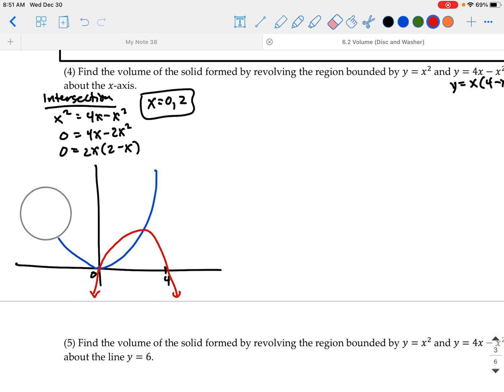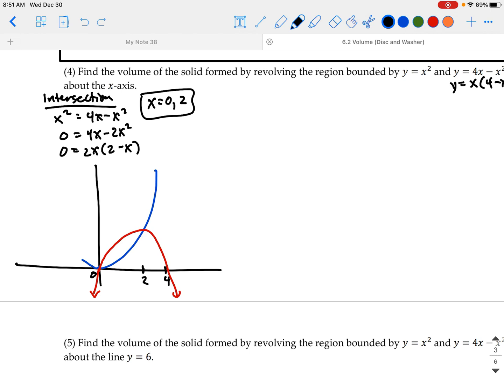And it's helpful to graph more rather than less. We can see that we don't need that section on the left here because our region is just right here. Okay, so we know the intersection is at 2 and 0, and now we are ready to begin.